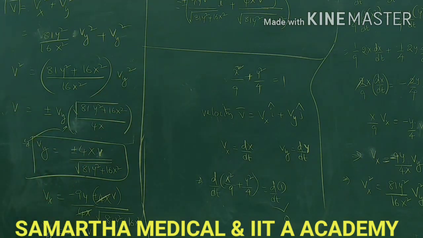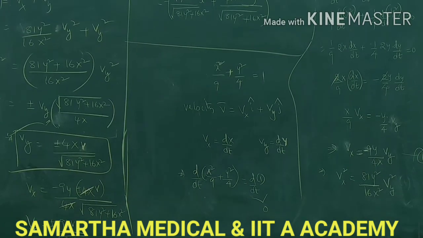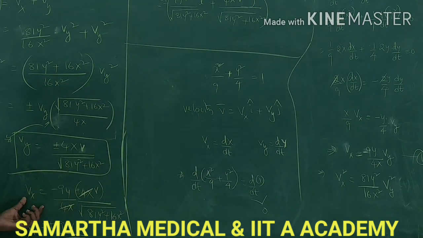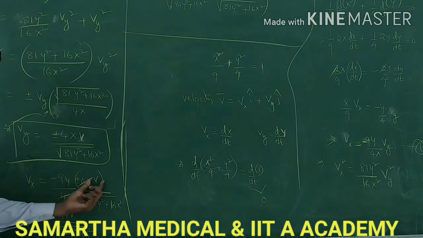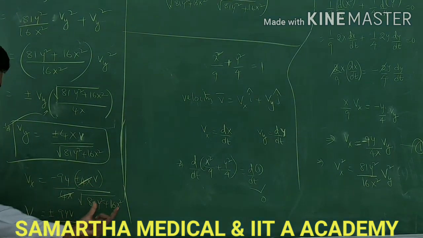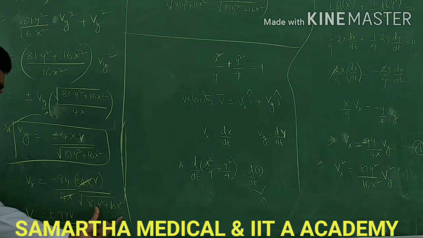Understood? Here vx is plus or minus 9y into v by root 81y square plus 16x square.